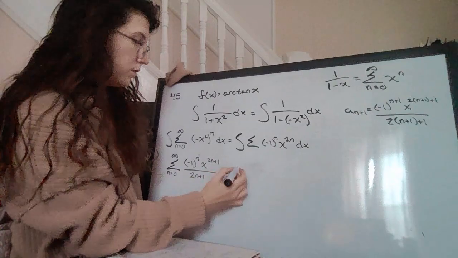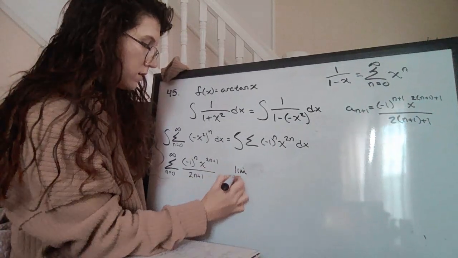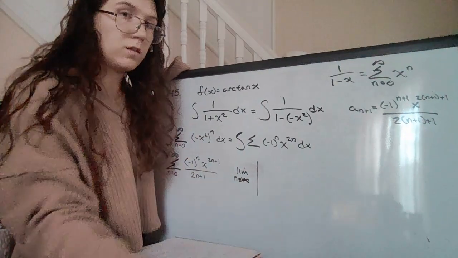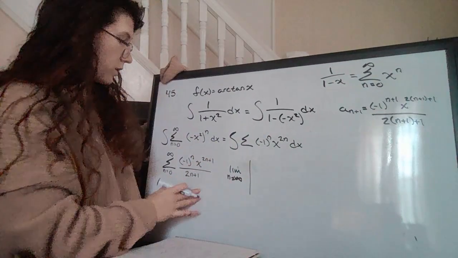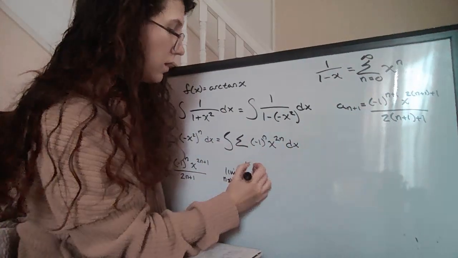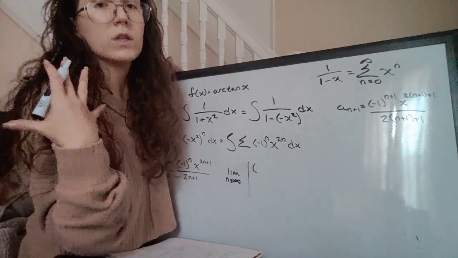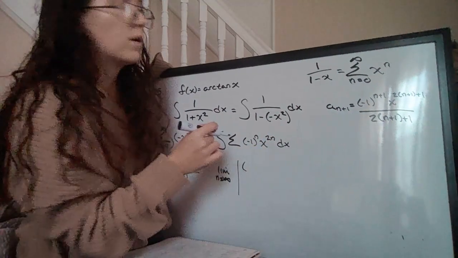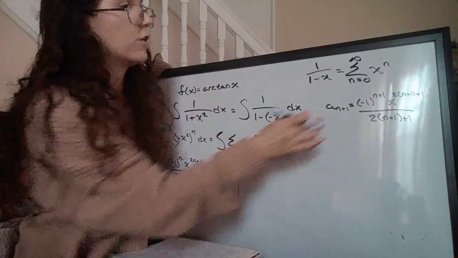I can take the limit as n approaches infinity. I'm going to skip the step of writing the complex fraction, and I'm just going to put my n plus 1 here. Since we've done so much of this, just for the sake of time, I'm going to split up my terms.